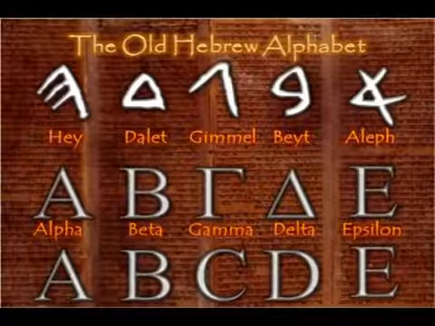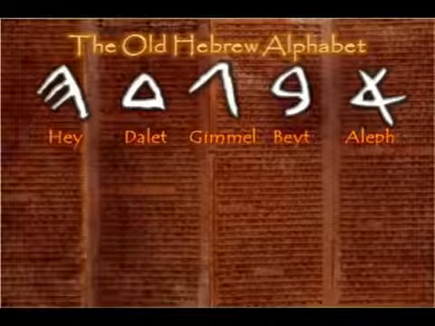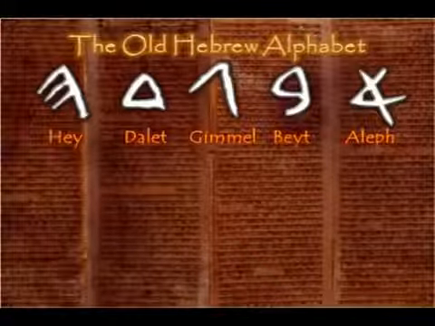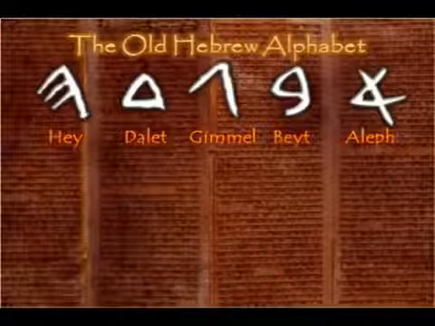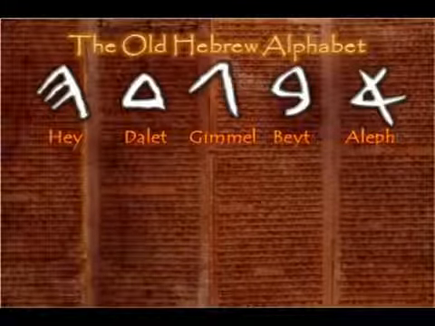As previously mentioned, the Old Hebrew alphabet was used by all Semitic peoples, including the Arameans, also called the Chaldeans, but evolved independently from the Hebrew.